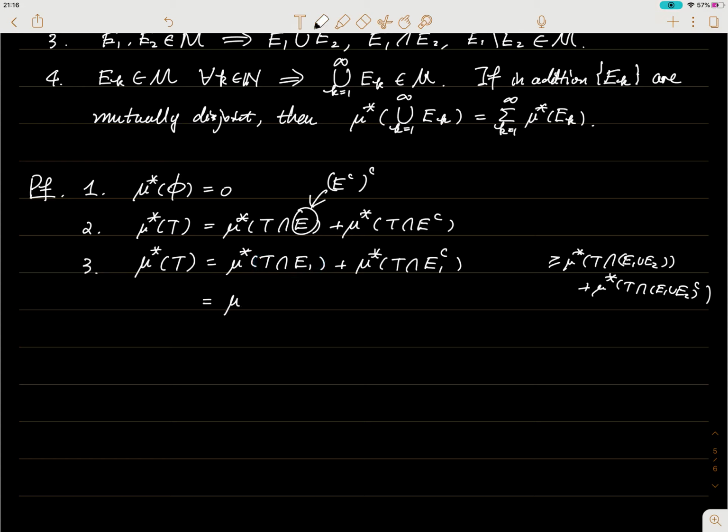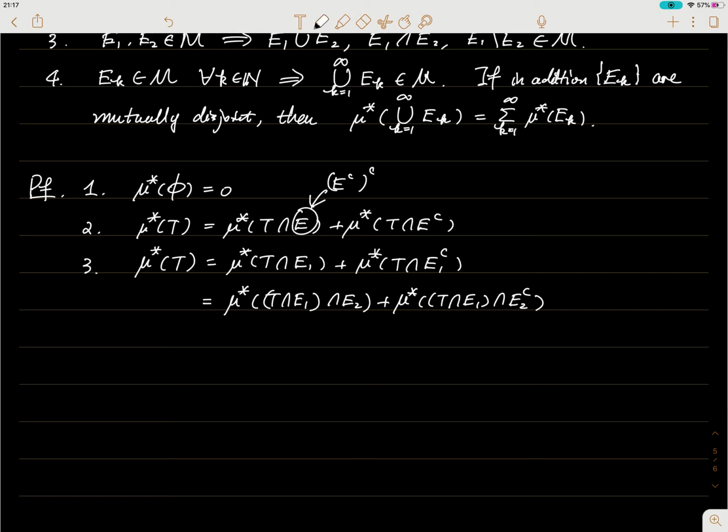That means the first term becomes the intersection of these two and E2 plus the intersection of these two and the complement of E2, and these two together become the sum, because we're using this as a test set for E2.